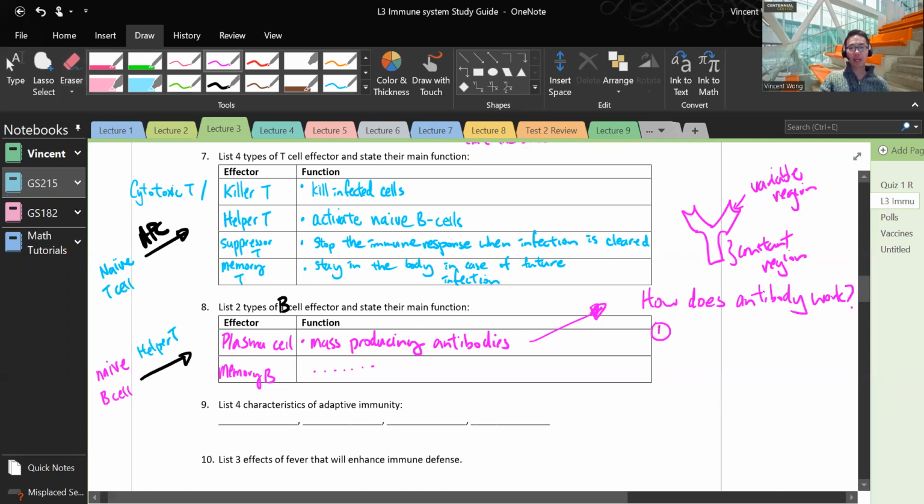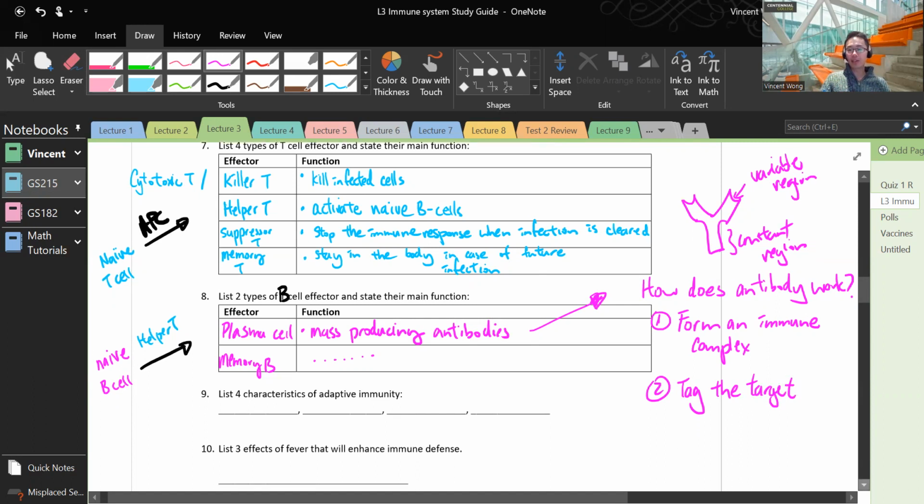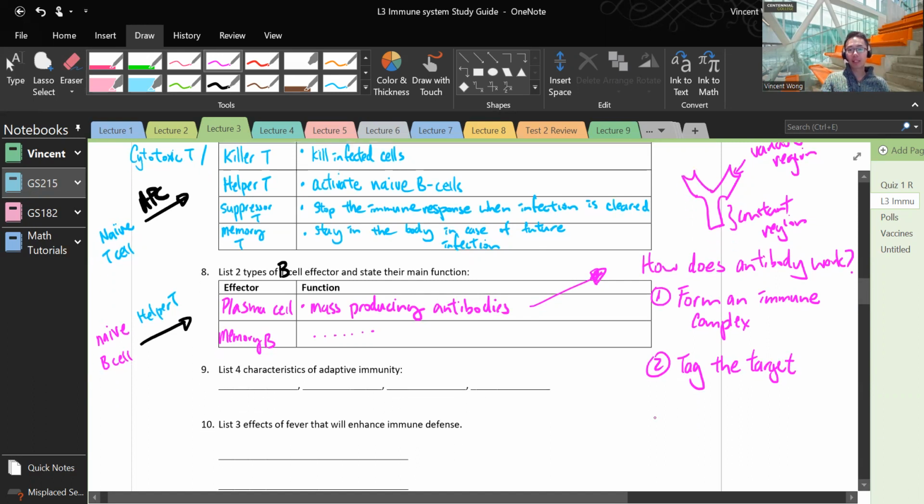Number one of the things it could do is it could form an immune complex. Okay, which causes things to clump together, makes them really big, and it's easier for phagocytosis to occur. They can tag the target, again, making it easier to be identified by phagocytes.